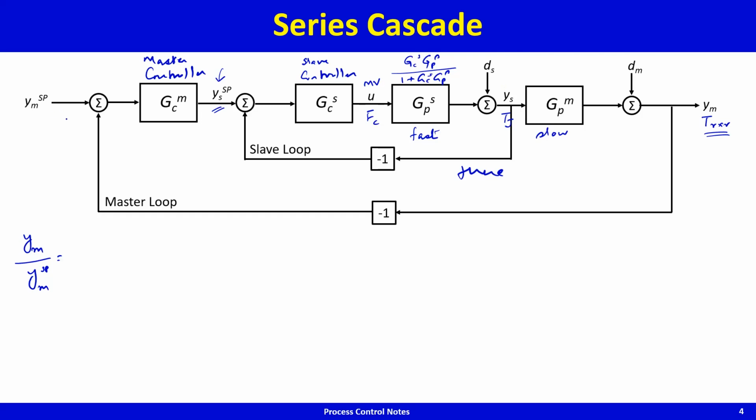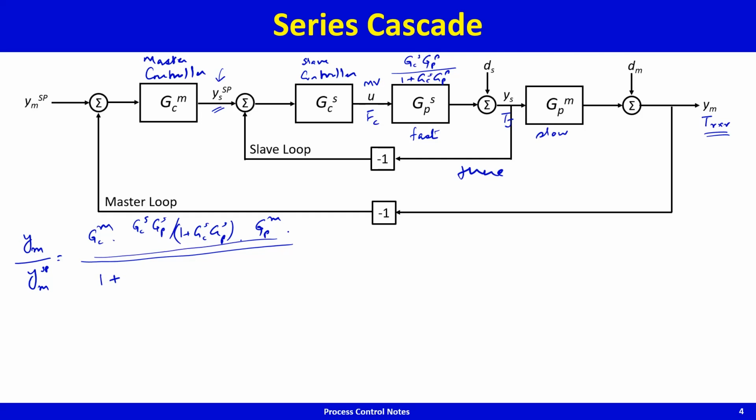And now if you go from ym set point to ym, what you encounter in the forward path is GCM times the slave loop, which resolves to GCS GPS divided by 1 plus GCS GPS, times GPM, divided by, because it's a negative feedback loop, 1 plus whatever is in the feedback path, this entire guy.